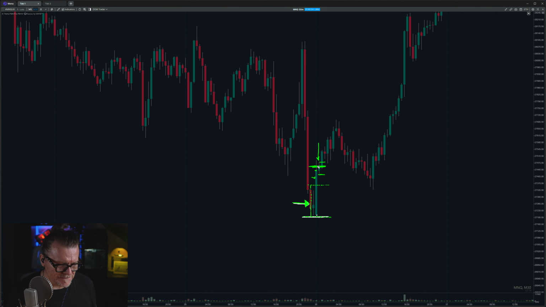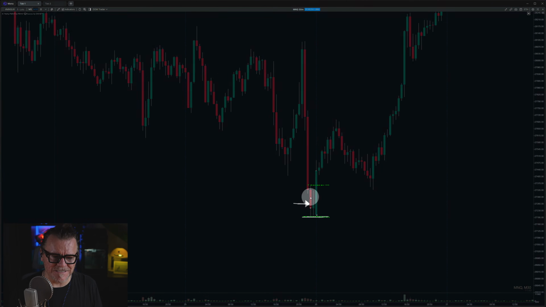So at this moment, the red candle turned from a potential order block to, wait a second. Okay, no problem.